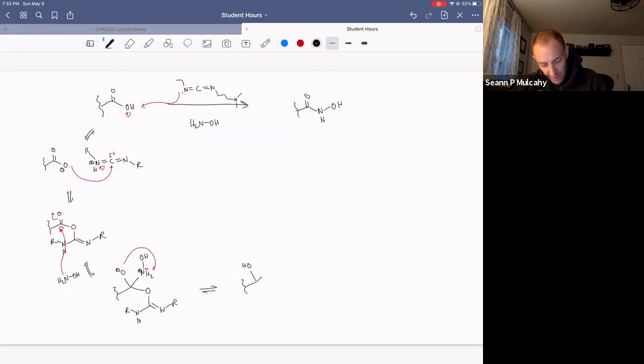It gives us OH, NH, OH, and then our superleaving group system. Now at this stage, what can happen is you can collapse that tetrahedral intermediate with loss of the leaving group. And this time, the leaving group is going to be your urea.